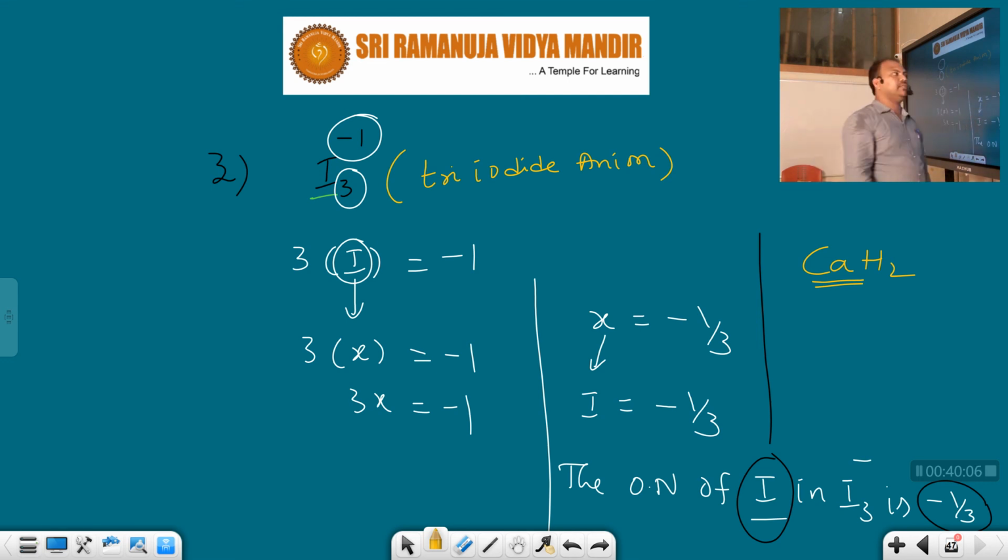Whenever metallic hydrides are there, hydrogen exhibits the oxidation number of -1. Don't forget that hydrogen always exhibits the oxidation number +1 with one exception. What is that exception? In metallic hydrides, hydrogen exhibits the oxidation number -1. Calcium hydride, calcium is the metal which combines with hydrogen. It is the metallic hydride, that's why here hydrogen exhibits the oxidation number -1.